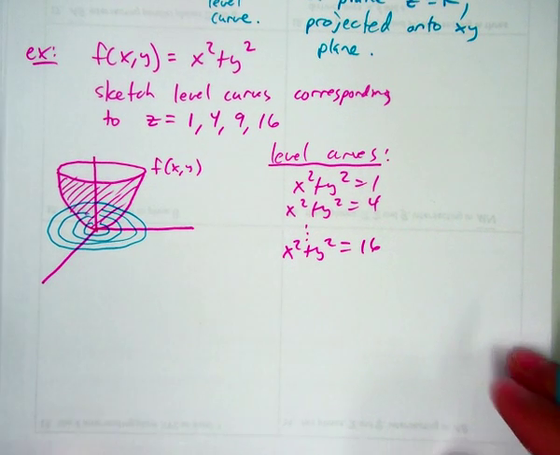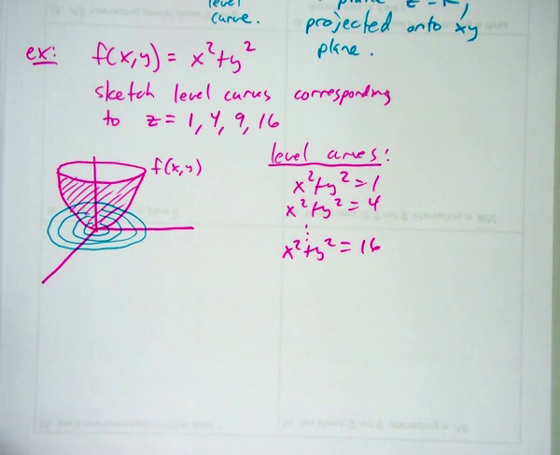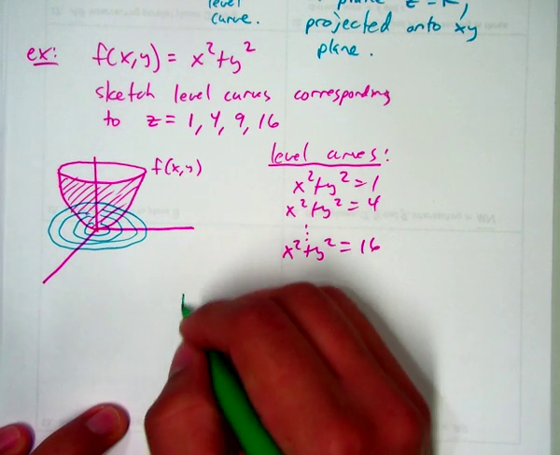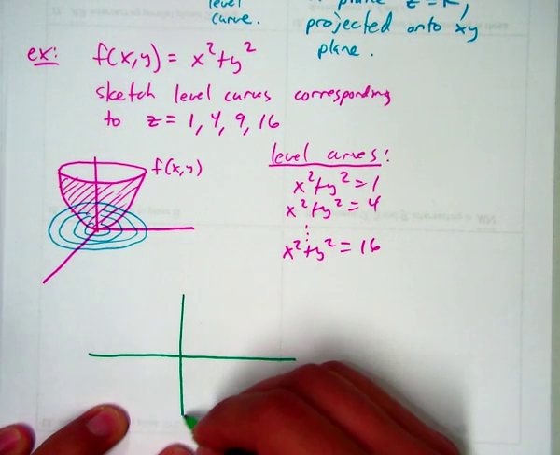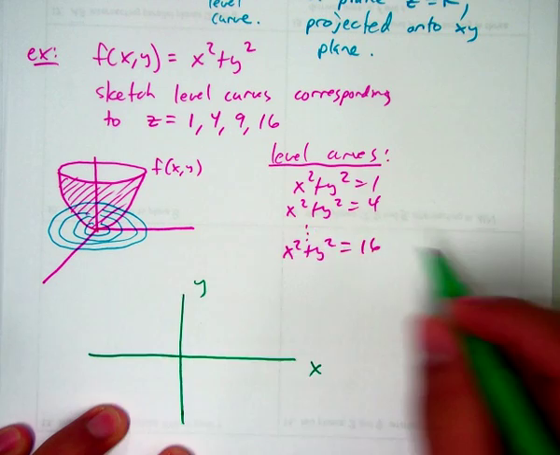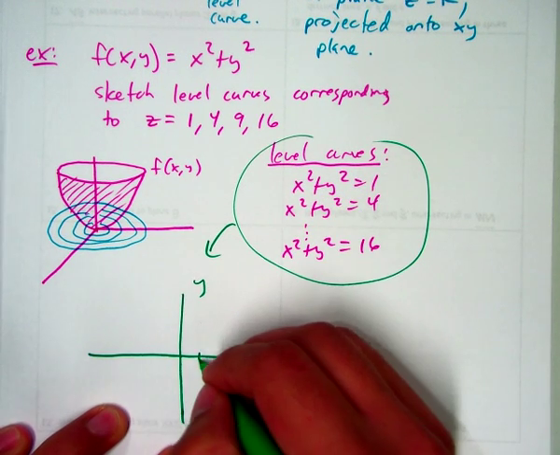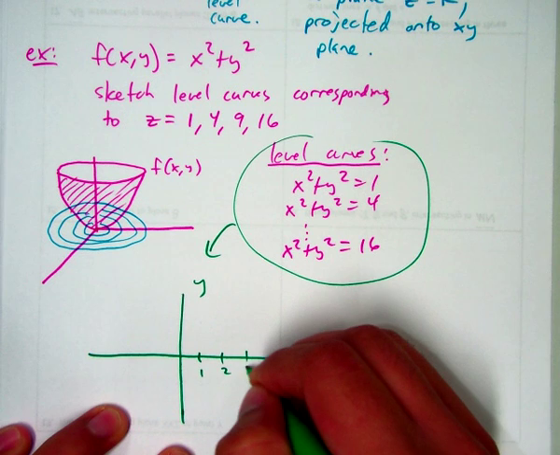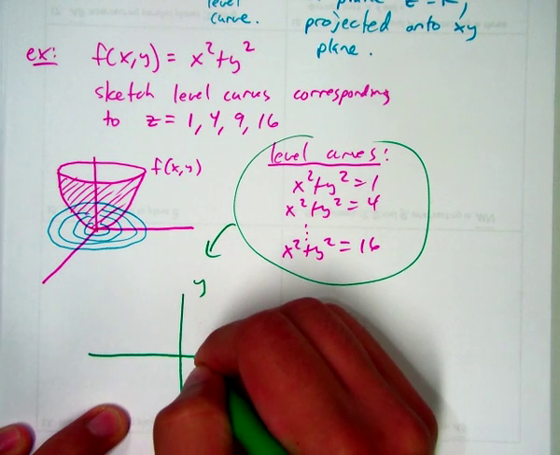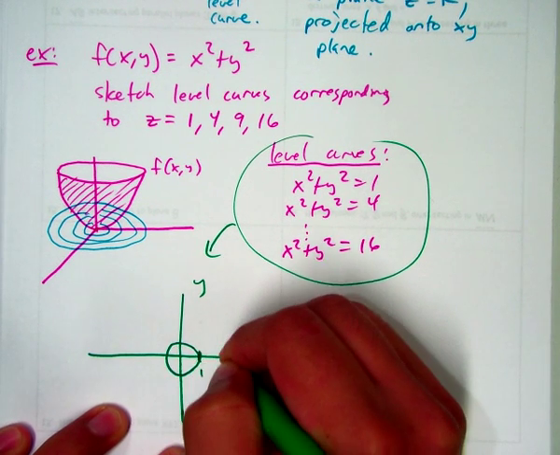Now, if we only look at the xy plane, let's do the same example and just talk about the xy plane. I graph all these level curves on the xy plane, and then we have something that looks like this.